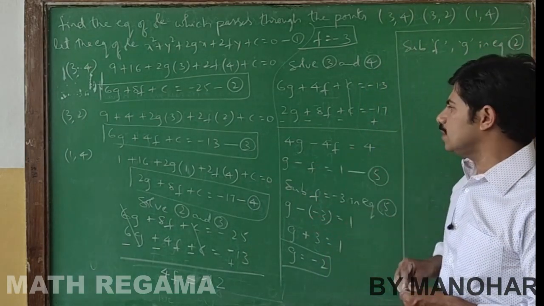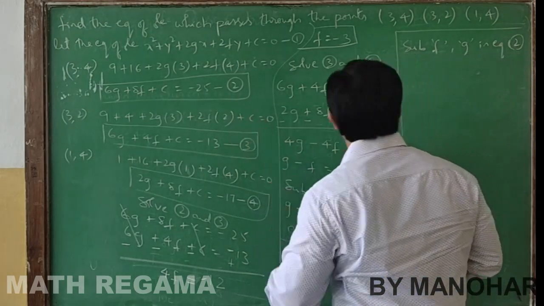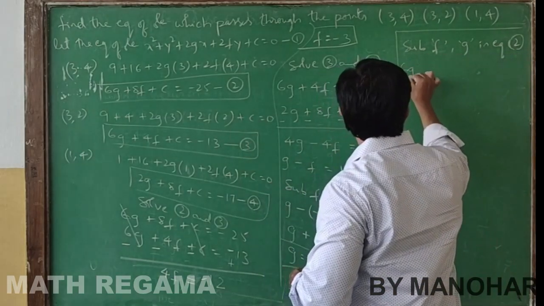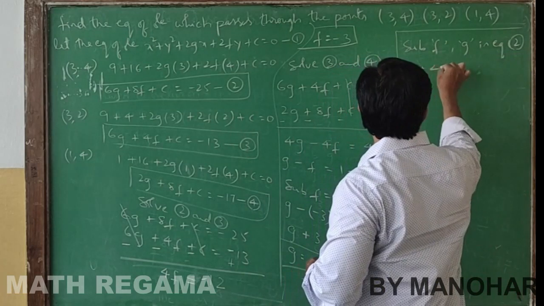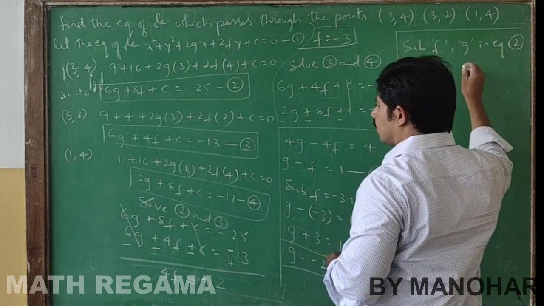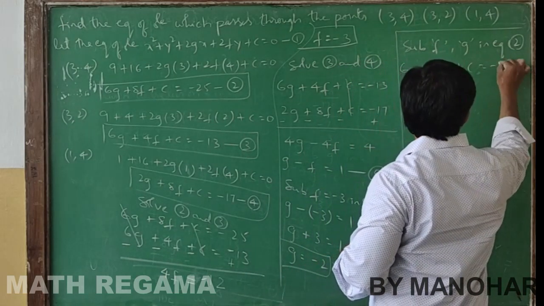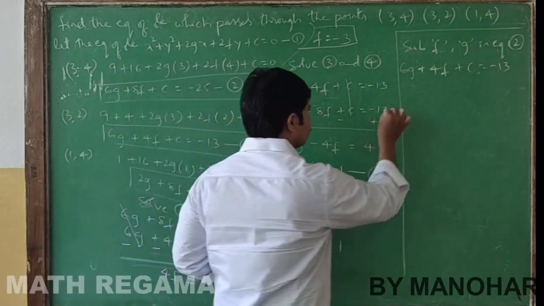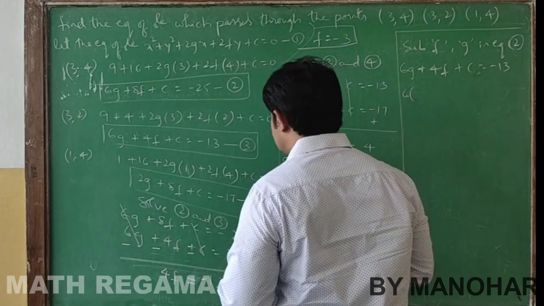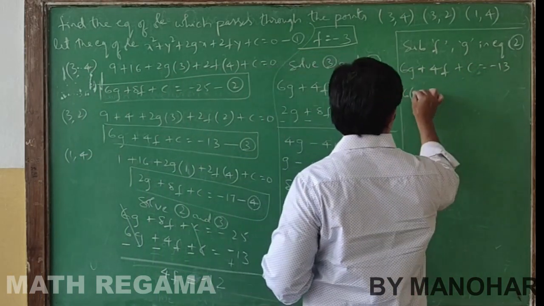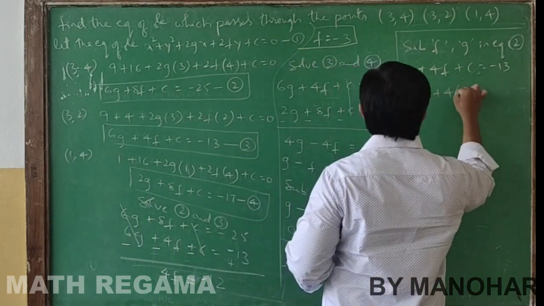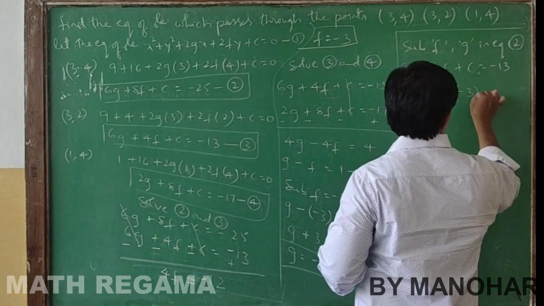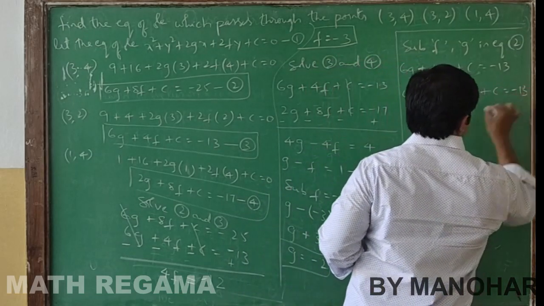Okay, I will use equation 3. So I will write equation 3, that is 6g plus 4f plus c is equal to minus 13. Now I am substituting the g value, minus 2, plus 4 into the f value, minus 3, plus c is equal to minus 13.